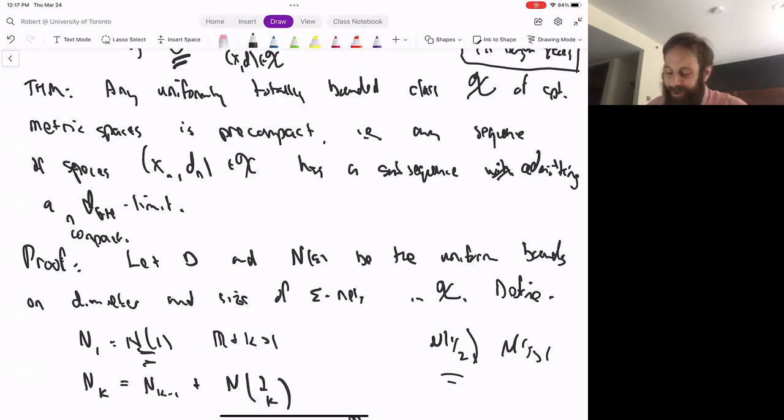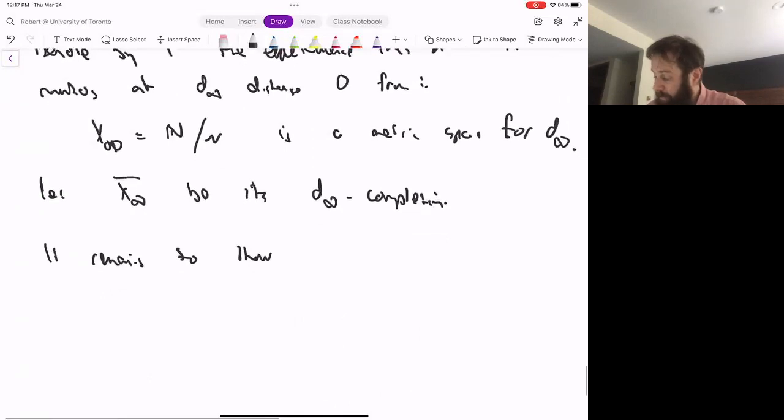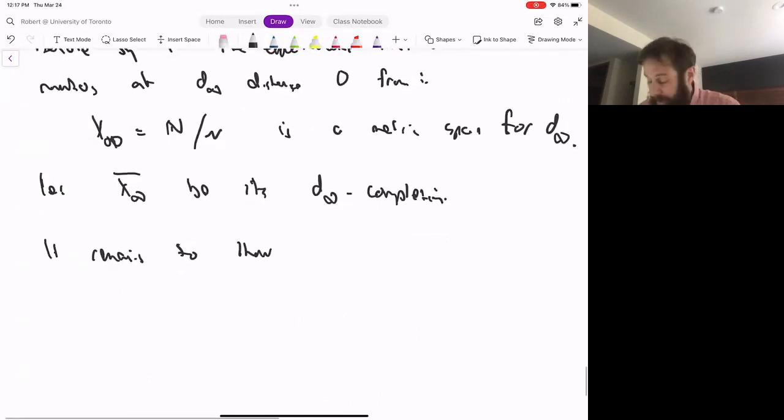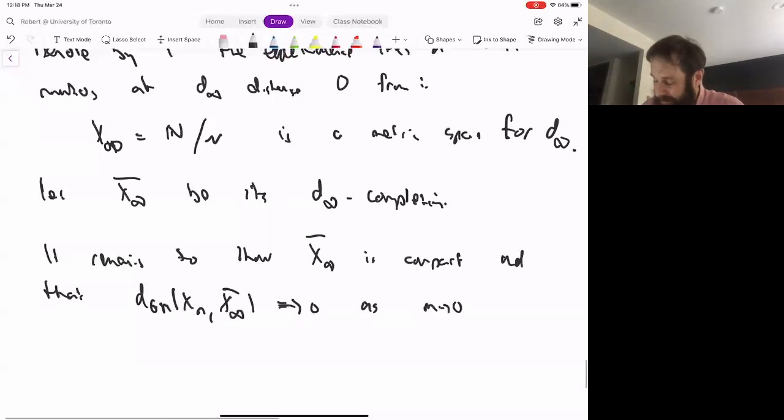If you read Burago, you would have seen an exercise saying that if you have a Gromov-Hausdorff limit of a sequence of compact spaces, the limit's also compact, but we'll get the compactness explicitly here too. So it remains to show that that x infinity bar is compact, and that it really is the Gromov-Hausdorff limit of these approximating spaces, at least as m goes to 0 along the subsequence.